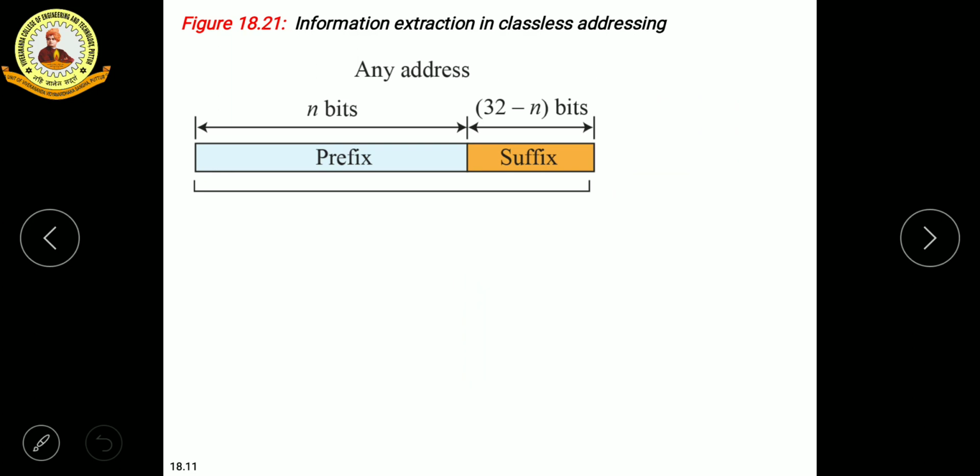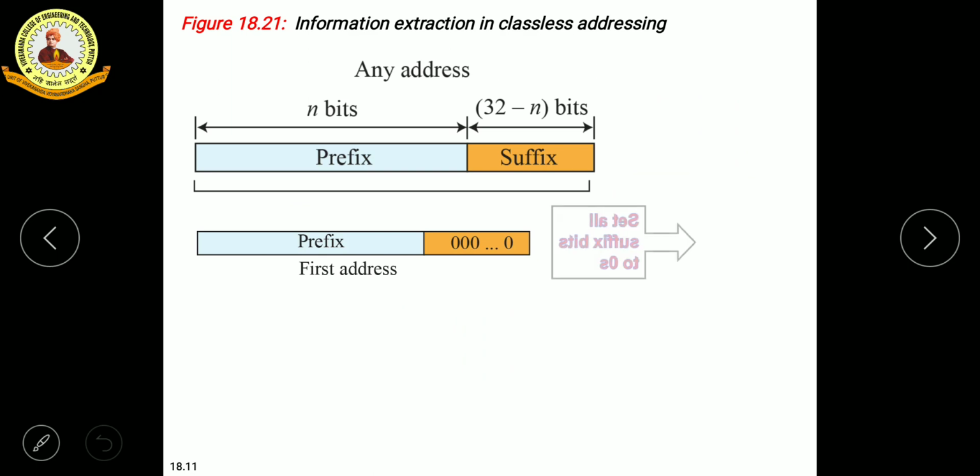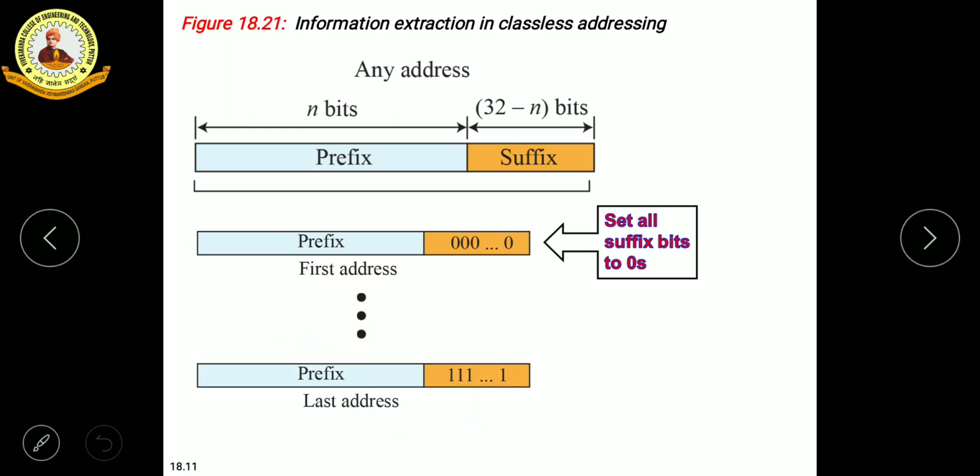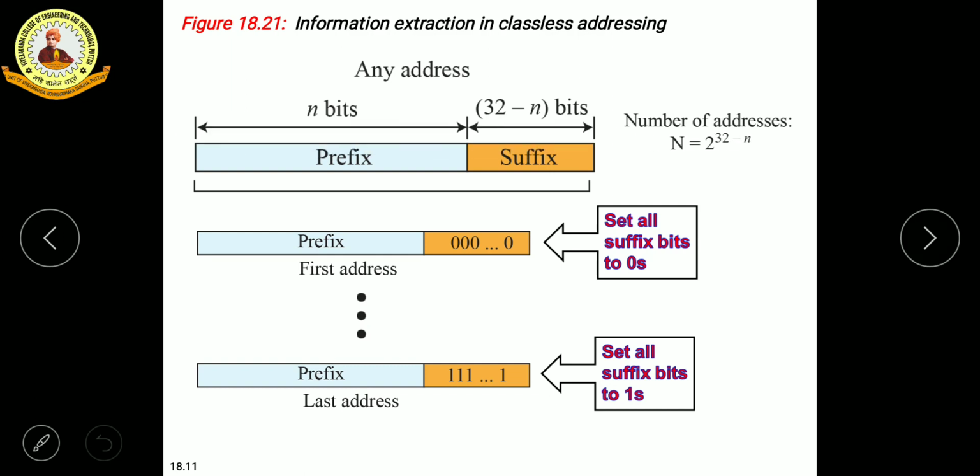Okay, so the number of addresses in the block is found as N = 2^(32-n). So the number of addresses will be N = 2^(32-n).